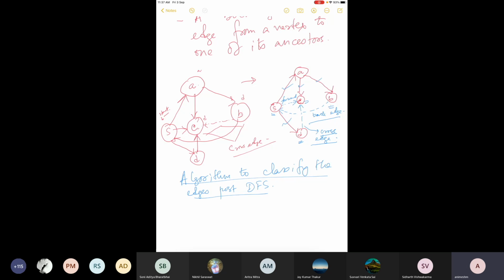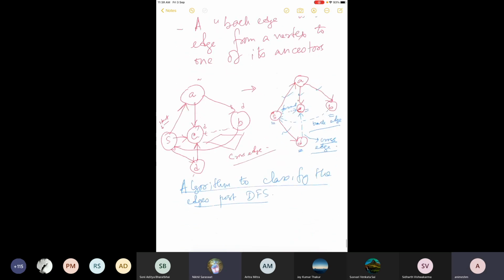And at D also, you do not have any descendant, but their descendants do not overlap. Therefore, this is a cross edge. Their descendants are distinct. Even if they are null, they are distinct. And therefore, this is a cross edge.